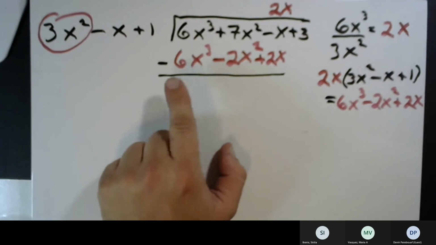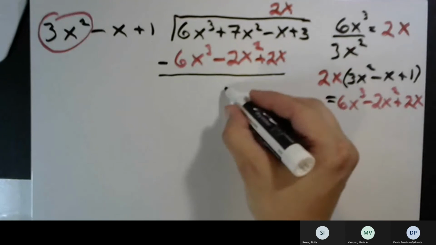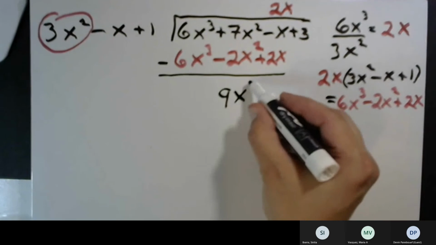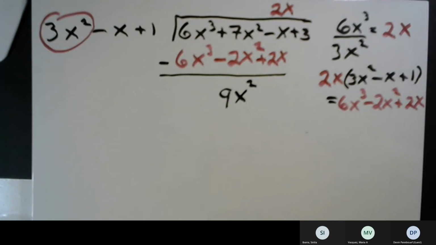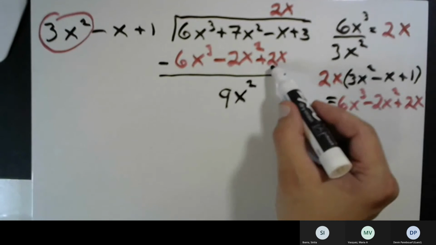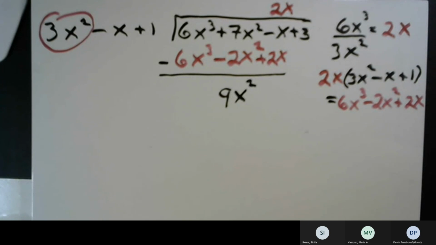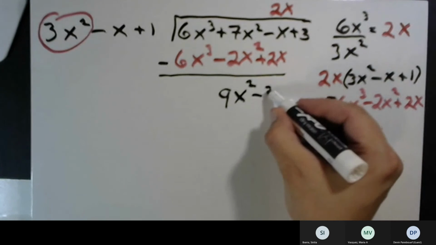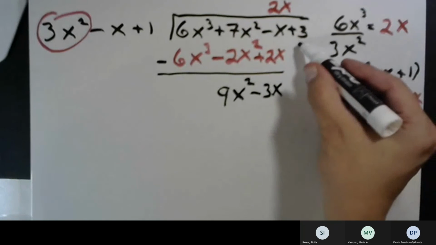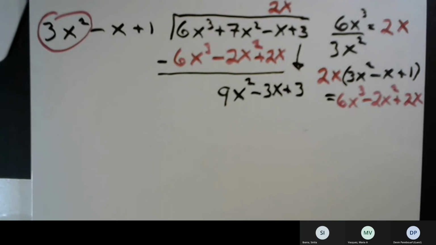So it's again that double negative. So it's going to become 7x squared plus 2x squared, or 9x squared. Then minus x, subtract 2x, like minus 1, subtract 2. So it's minus 3x. Bring down that last term, and that ends the first cycle of our division.